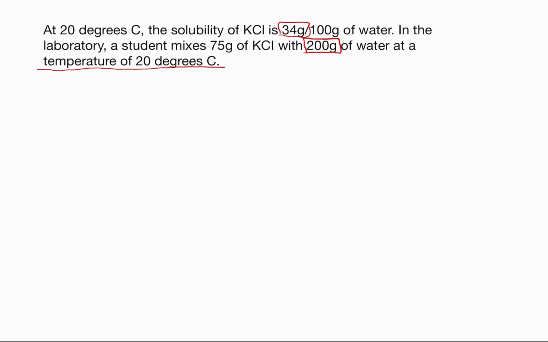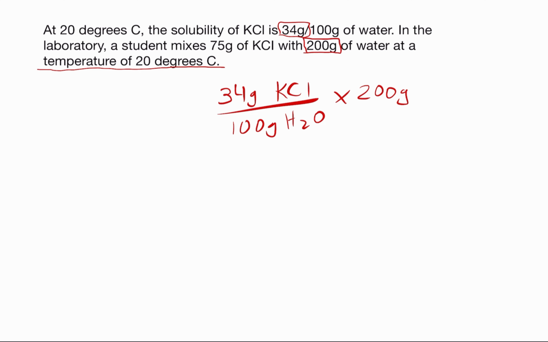So to do this, we would say we have 34 grams of potassium chloride in 100 grams of water. And what we want to find out is what it would be in 200 grams of water. So we have to do times 200 grams of water. And in your elementary or middle school, whatever grade it was, I can't remember, we cross like units.